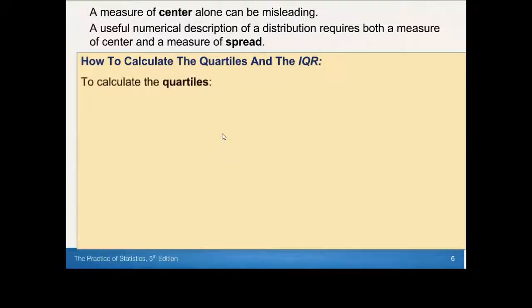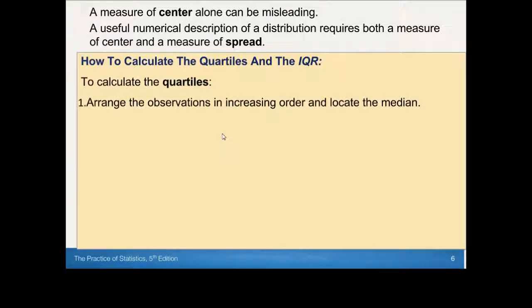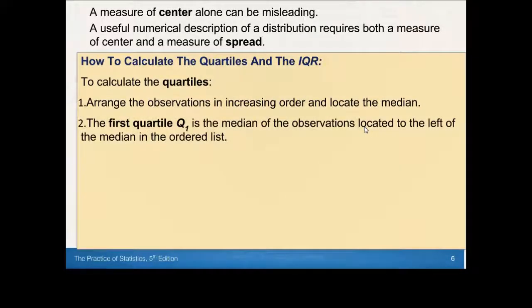And here's how we're going to do it. To calculate the quartiles, think of quartiles as quarter points. Arrange the observations in increasing order and locate the median. The first quartile, abbreviated Q1, is the median of the observations located on the left.